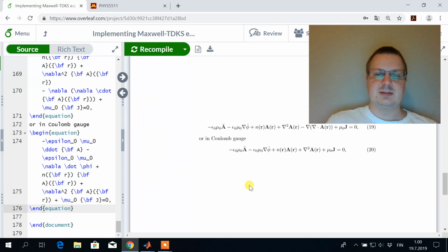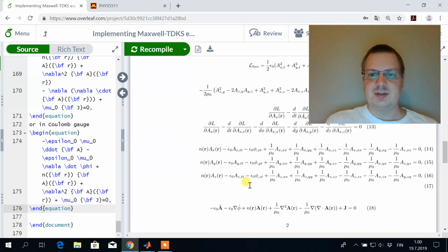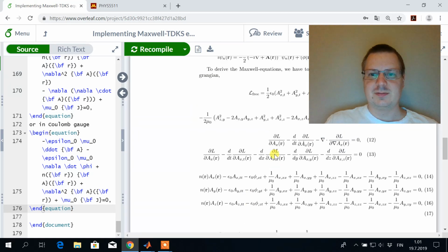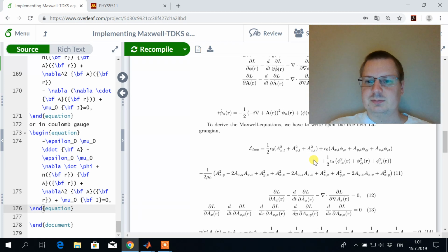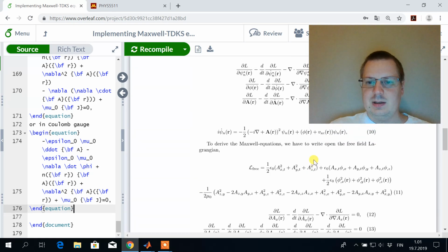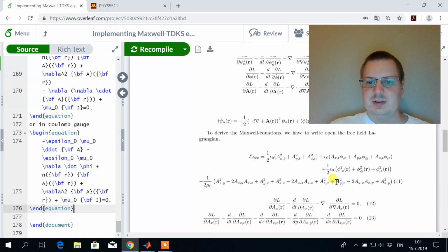Then we need to derive the Lagrange equation for the phi. So we only have n and then derivatives of phi, spatial derivatives. So it will become the divergence of nabla phi epsilon 0.